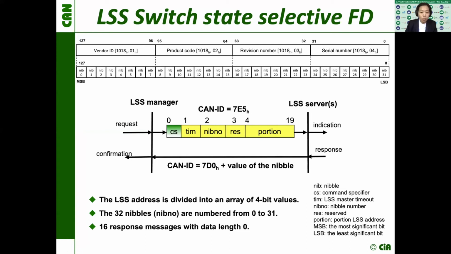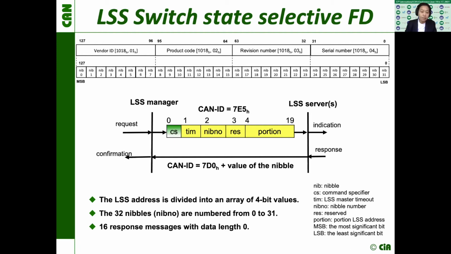Another important parameter in the LS manager request is portion. Portion stands for portion LS address and is a 128-bit value, which indicates the already determined LSS address.